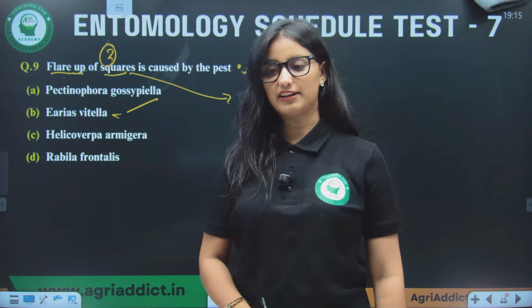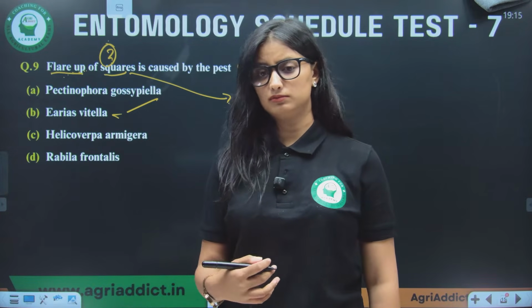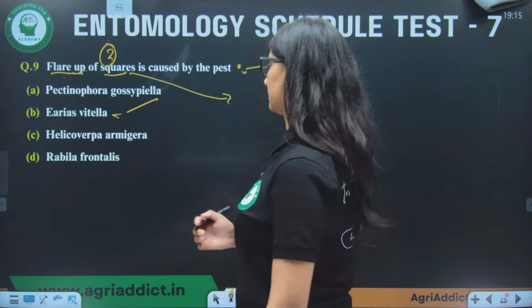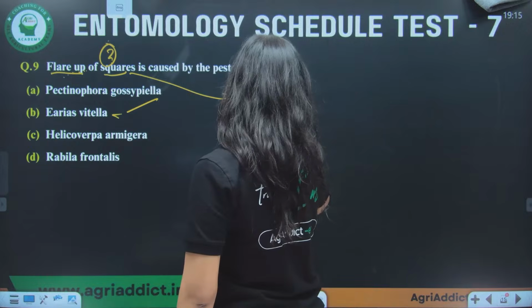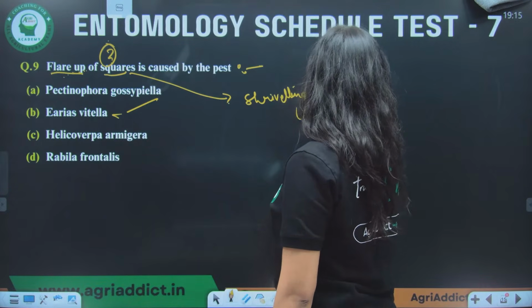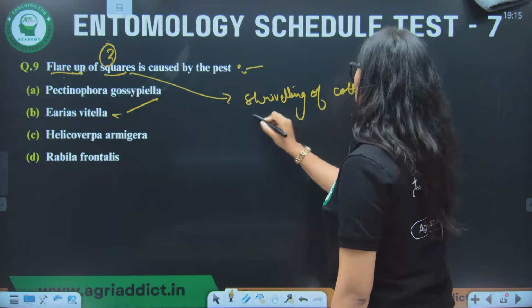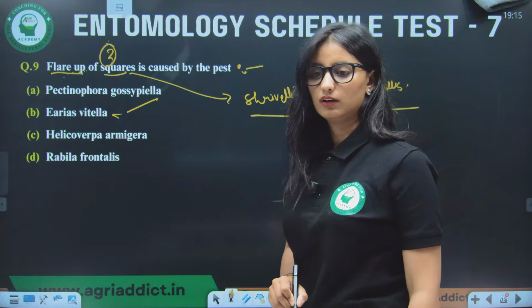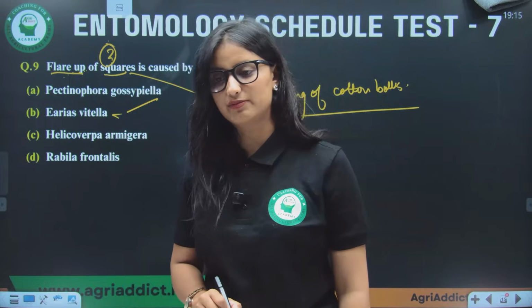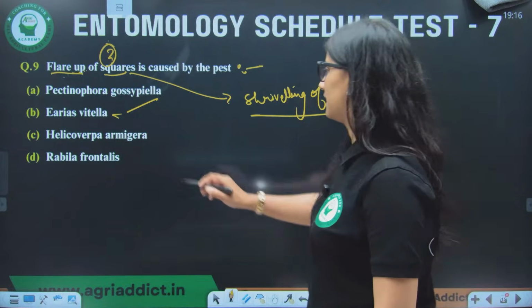Cotton में, very good. In the cotton. What is the meaning of this flare up? Means shriveling of what? Cotton balls. Okay, yes, open bolls shriveled off. Very good. This is the correct answer.